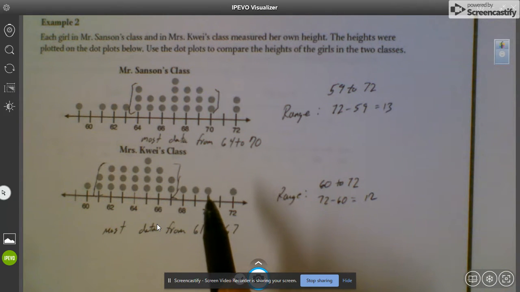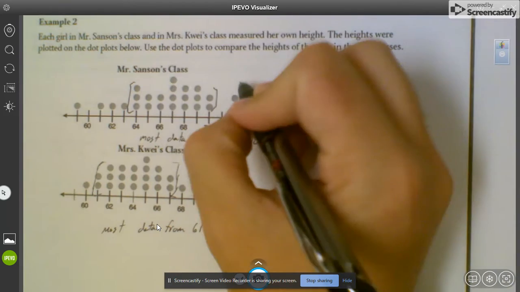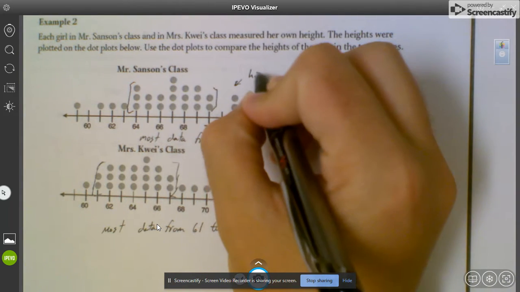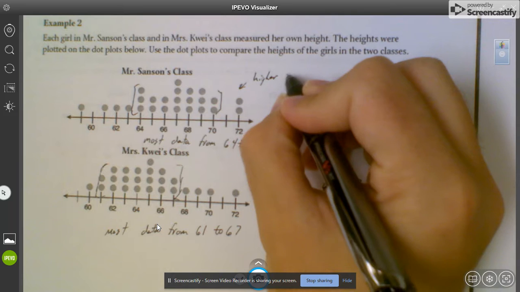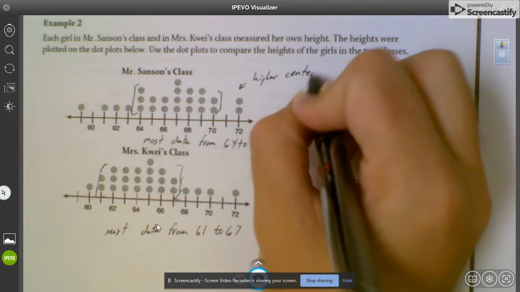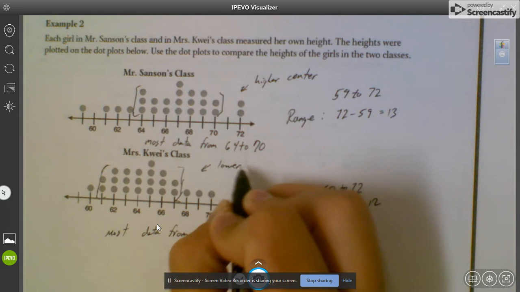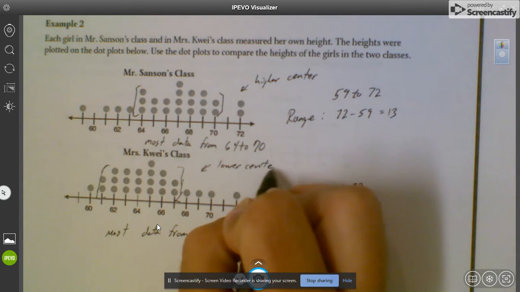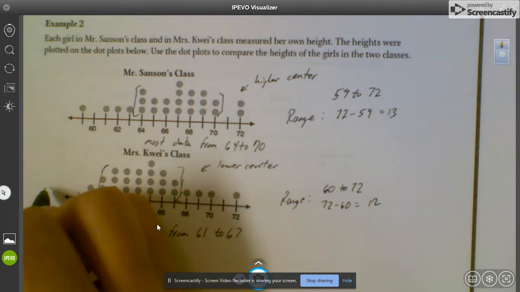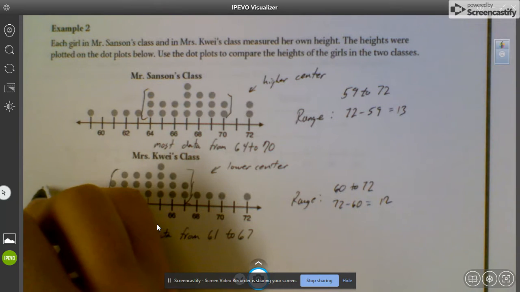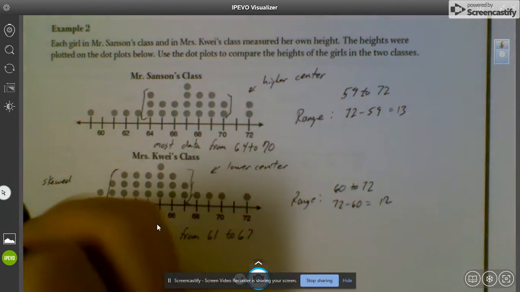He's going to have a higher median. So he will have a higher center of data. All right. And this is a lower center. You would also call this one, I'm going to write it over here. So this one would be an example of skewed to the right.